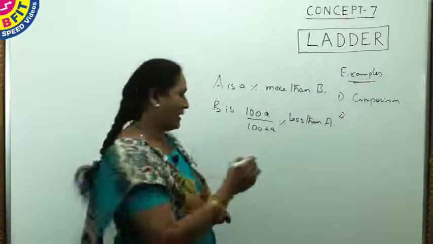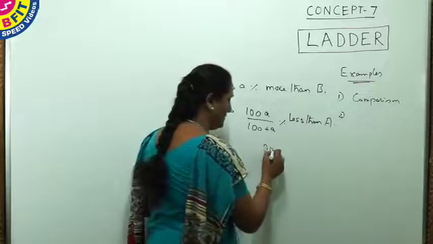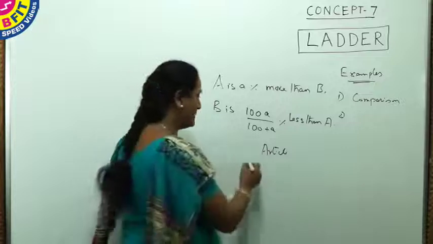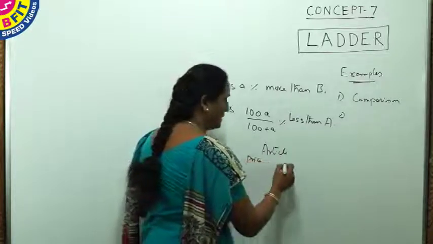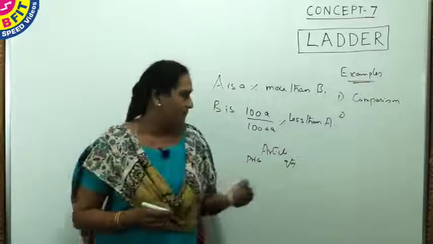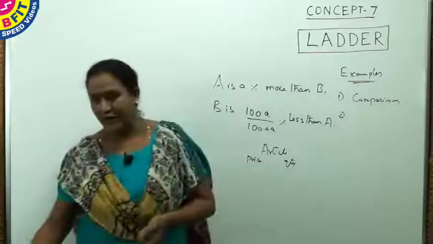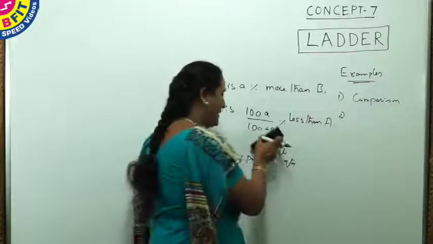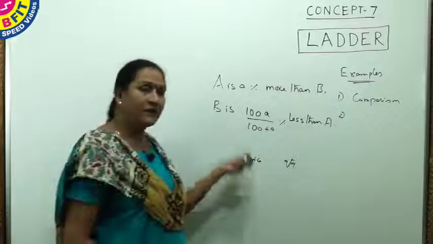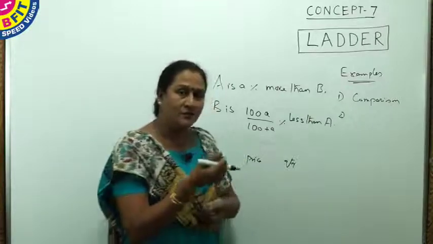And say for an article, it is influenced by two factors. One is price and the other is quantity. Price and quantity are the two factors which influence an article. And now they give questions like, when price increases, how much should the consumption be decreased?